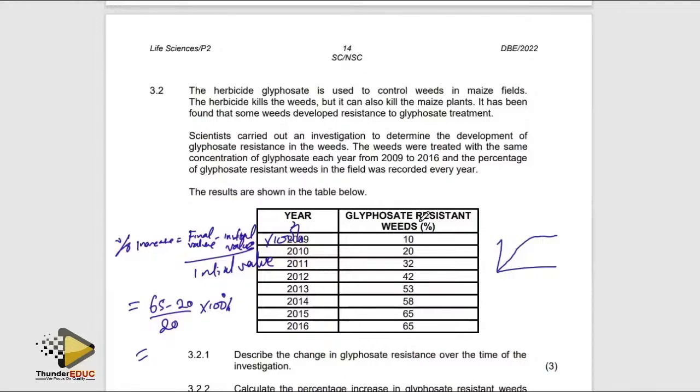Therefore, the resistance depends on the contact time it has had with the herbicide. Hence, resistance becomes the dependent variable, and the period of contact becomes the independent variable.